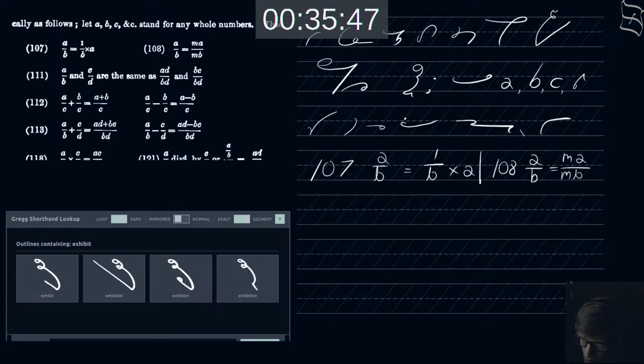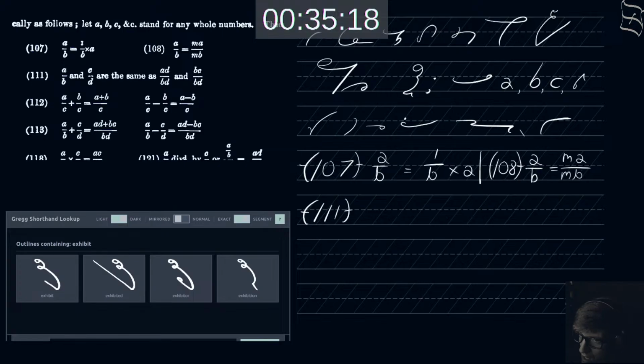Article 111, I guess these should all be in parentheses for standardization. So there's Article 107, Article 108, Article 111 down below. Same thing in parentheses.